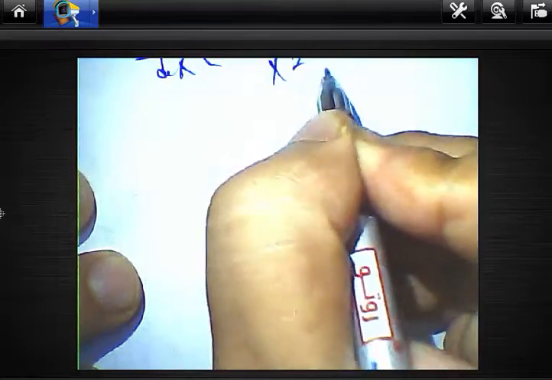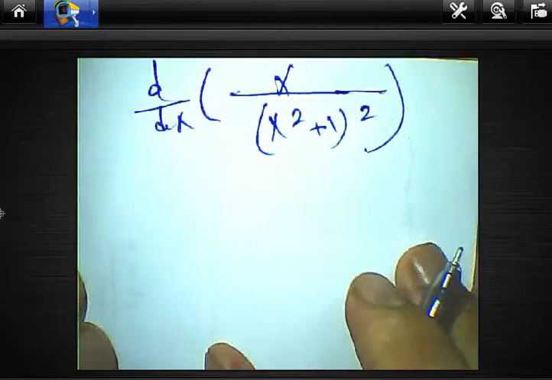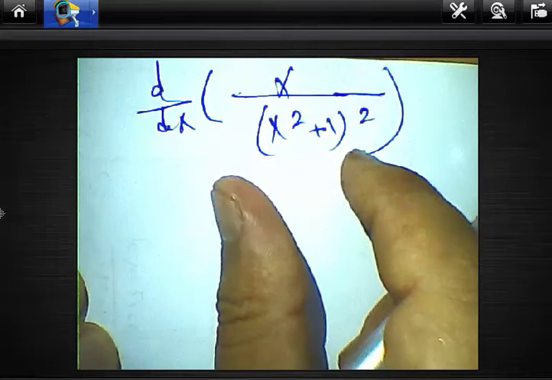Now we want to find the derivative of the function x over x power 2 plus 1, all power 2. Here we can simplify first. Look again, x over an expression.